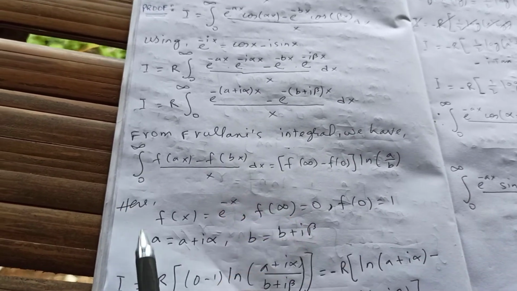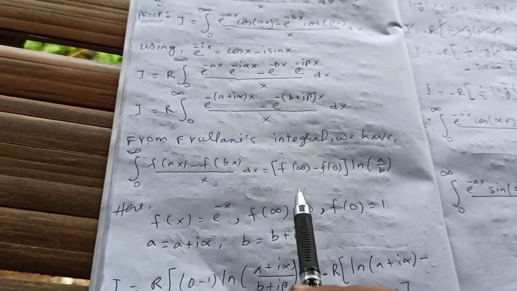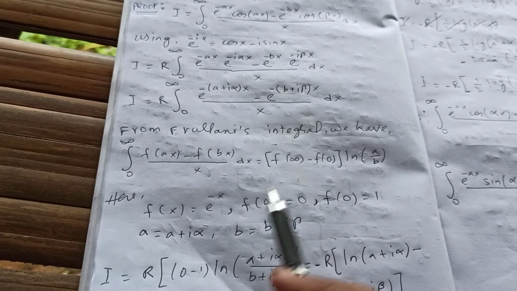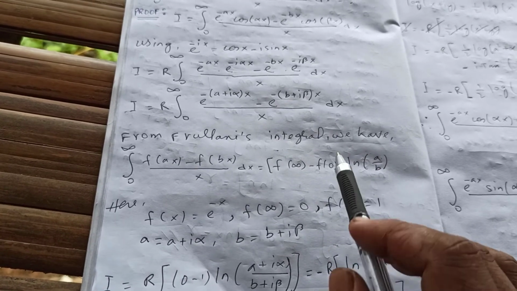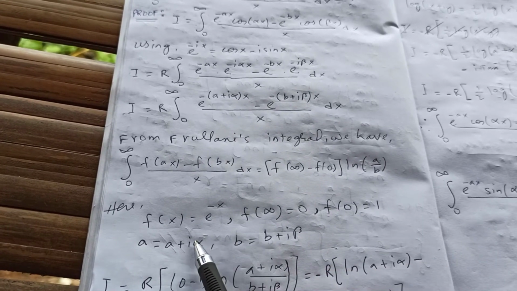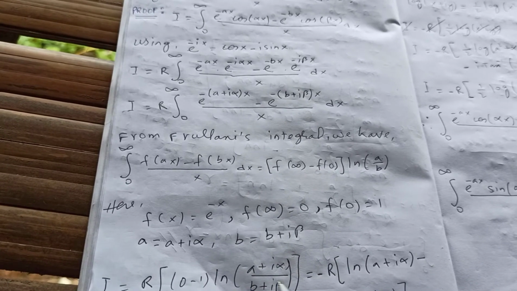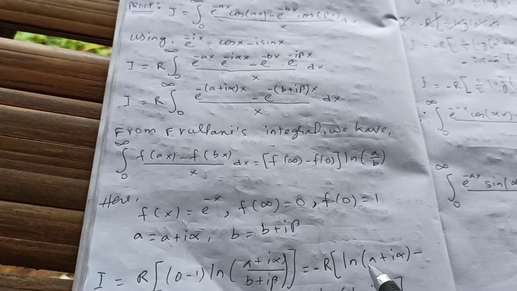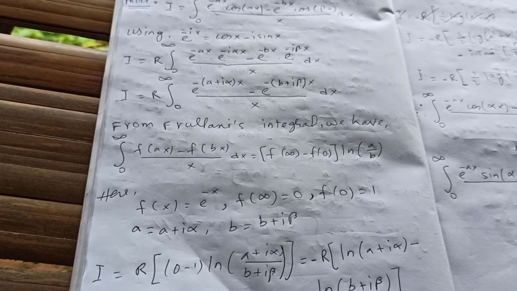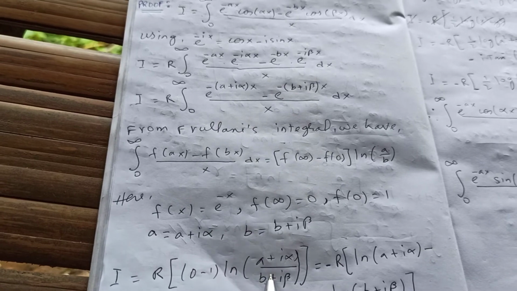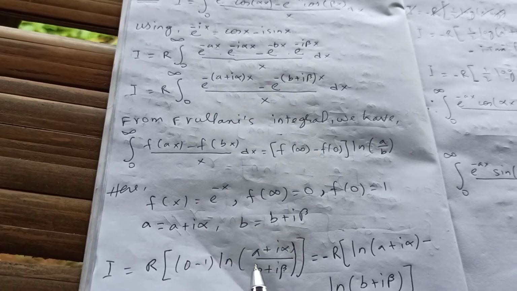Therefore our I is the real part of f(infinity), which is 0, minus f(0), which is 1, so 0 minus 1, times log of (a + iα) over (b + iβ). Which is negative times the real part of log(a + iα) minus log(b + iβ), because using the log property, log(a/b) is log a minus log b.